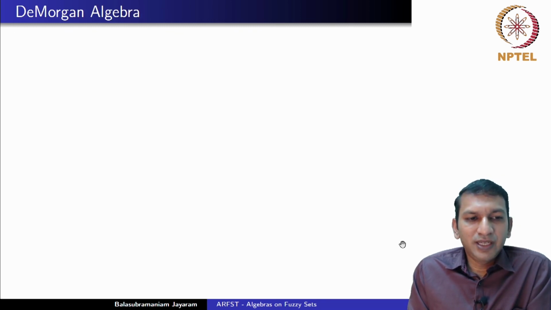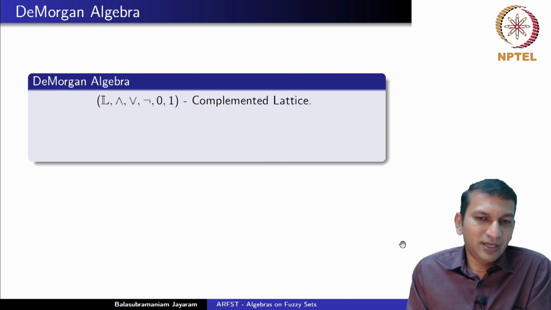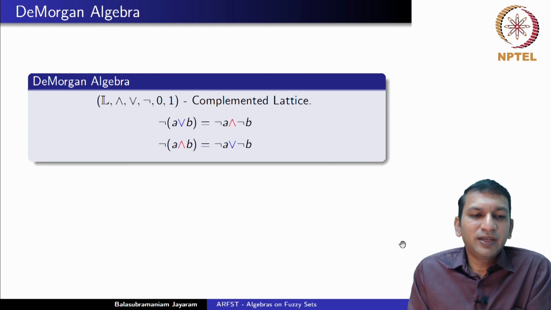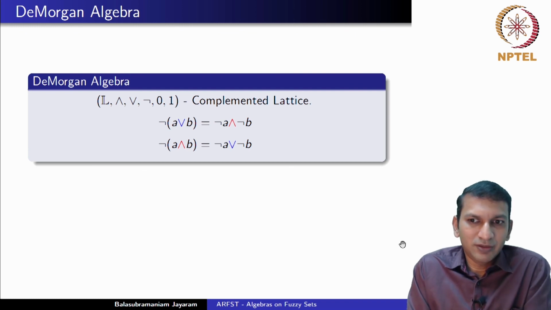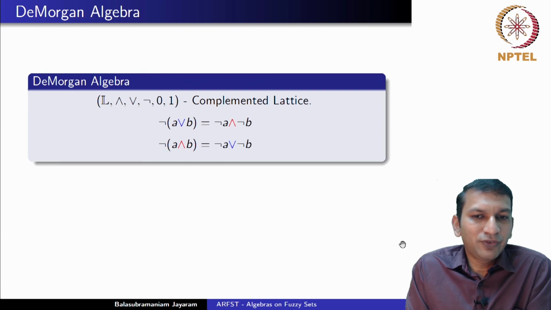Now, what is a De Morgan algebra? Once again, it's a bounded lattice, a complemented lattice, such that these two identities hold. Now, this is perhaps very common to us from our school days. If you were to think of it in terms of sets, if A and B are sets, all we are saying is A union B complement is A complement intersection B complement, and A intersection B complement is equal to A complement union B complement.